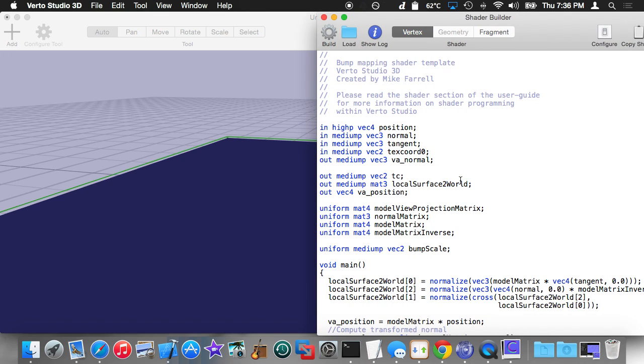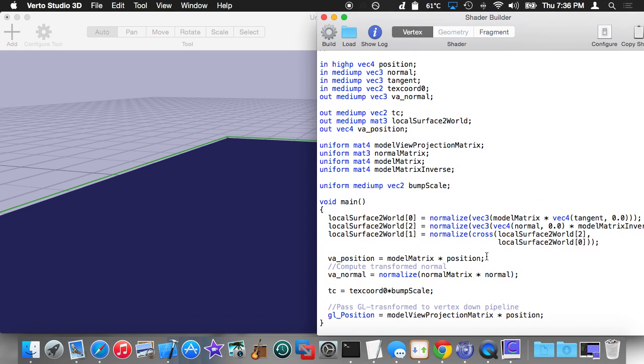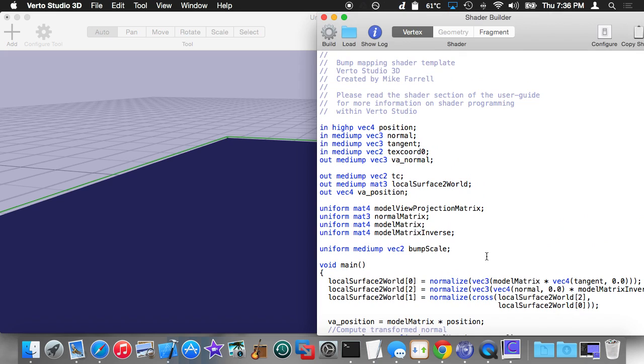The most important thing is that in the past, our lighting calculations were done in view space, or eye space. In a bump mapping shader, we find it's more convenient to work in world space. So we've set up some transforms that make doing that a little simpler. For starters, we provide some extra information to the vertex shader.